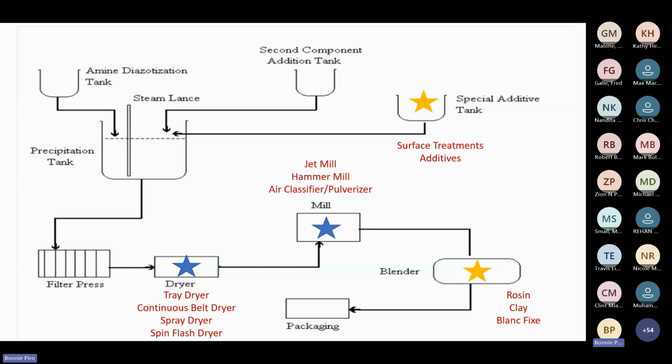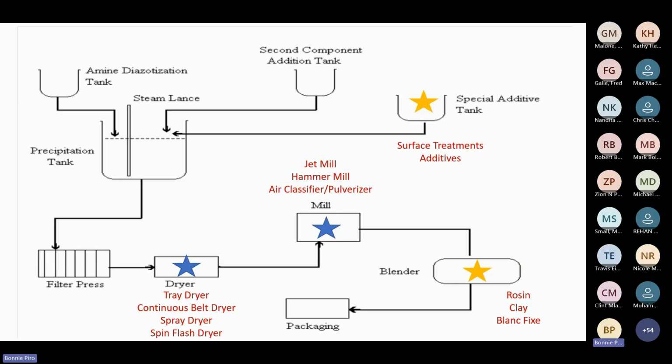On the mechanical side, these are all after the filter press, after the pigment has been synthesized and the bulk water removed. So there's some amount of drying that's done directly from the filter press, and then there's always some amount of milling and classification that's done as well.